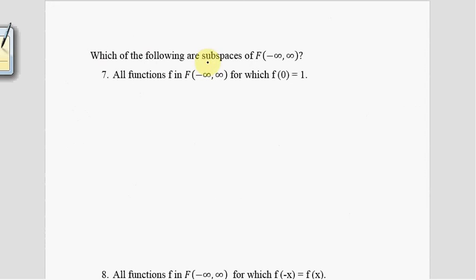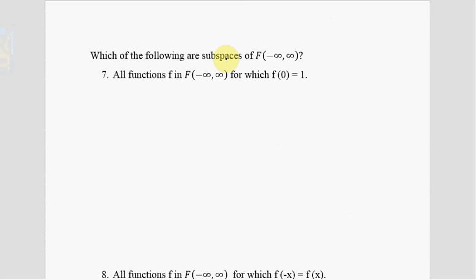Here, which of the following are subspaces of this very big space, capital F, the space of all functions that are continuous on the interval from negative infinity to positive infinity.